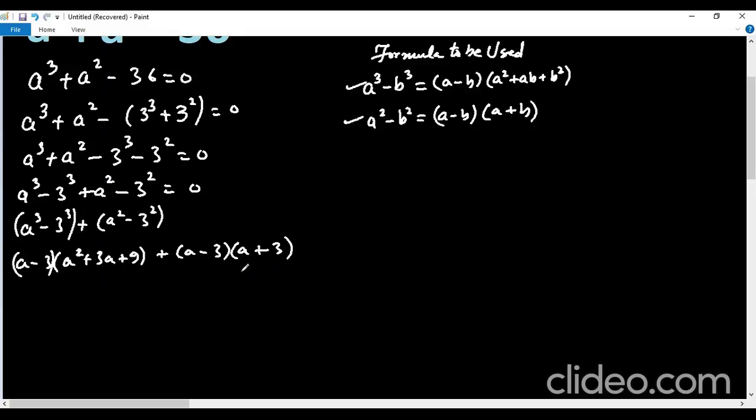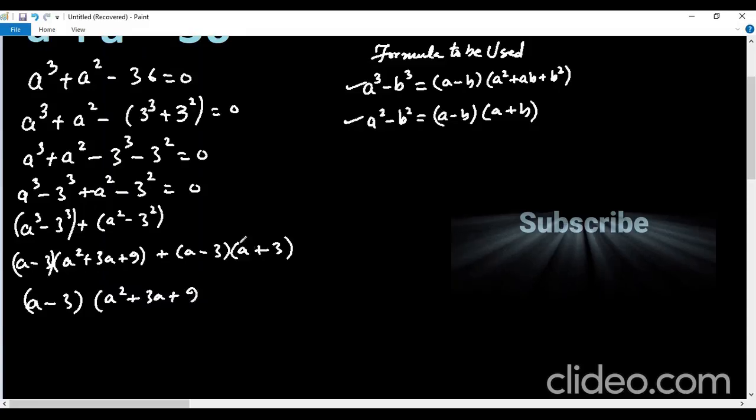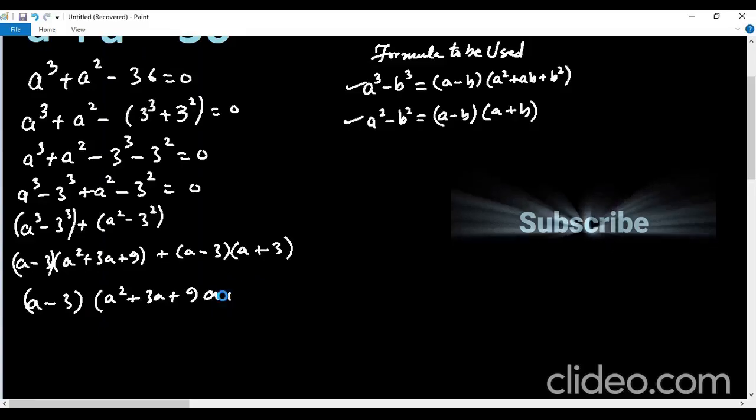Now you know very well that this one and this one both are the same, so we take them as common and we write a minus 3 only one time, and on the left side of the plus sign you have a square plus 3a plus 9, and on the right side you have a plus 3.